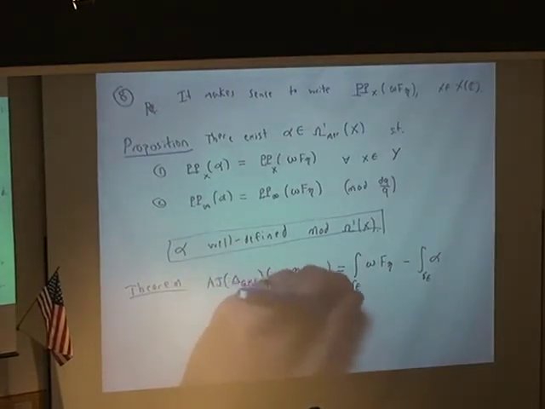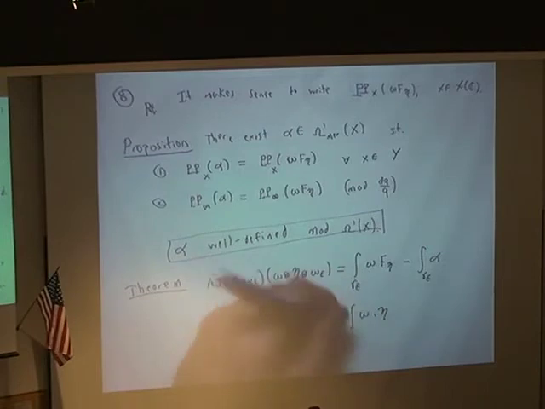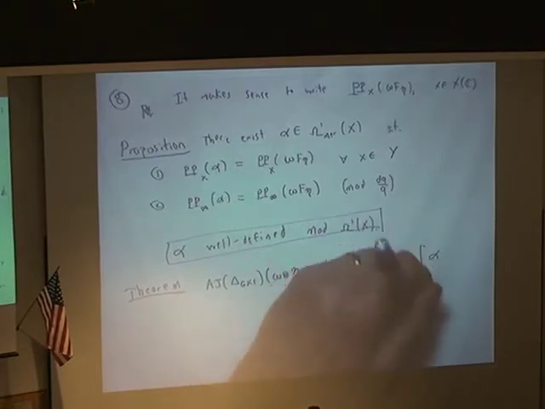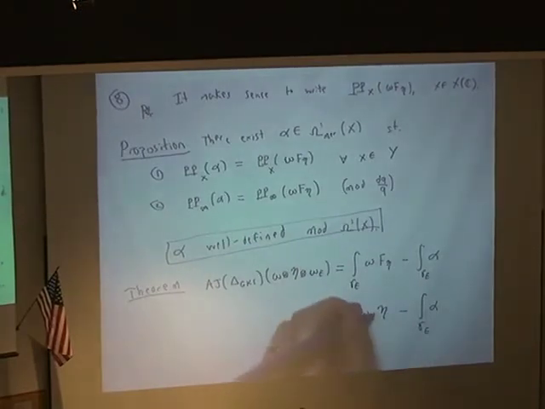In other words, this is just the iterated integral omega dot eta along gamma e minus the integral of alpha along gamma e. Here this is a dot.